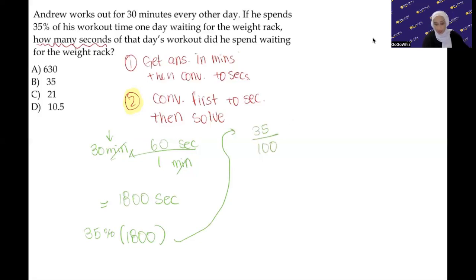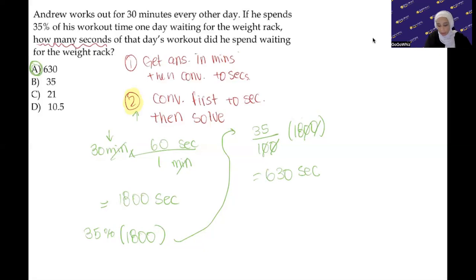If you put this in the calculator, you could do it really quickly. But I can see that this is the multiplication I can do: what is 35 times 18? And I should get 630. Remember, this is 630 seconds because I did that conversion in the beginning. So this would be my answer.